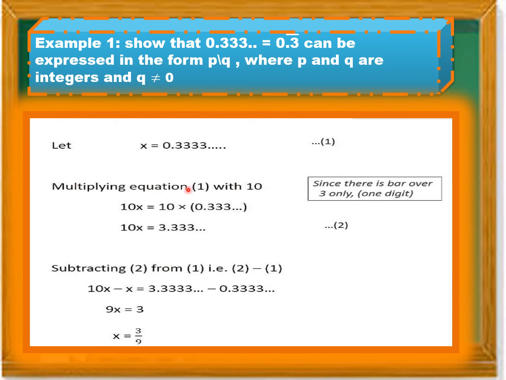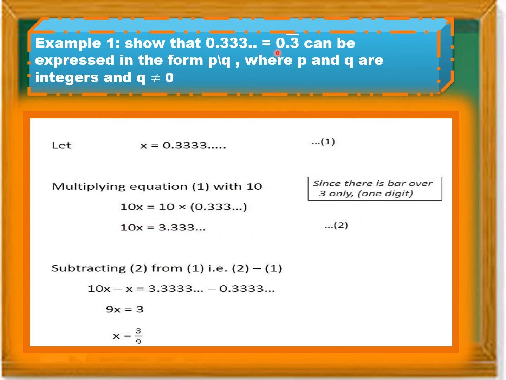So multiplying equation 1 with 10 on both sides, the left hand side as well as the right hand side, 10x is equal to 10 into 0.333. 10 into x is 10x, and 10 into 0.333, the decimal point will skip one number, and it is going to be 3.333. That is the second equation.